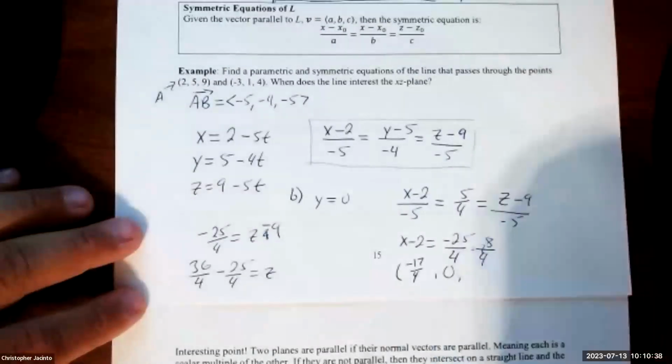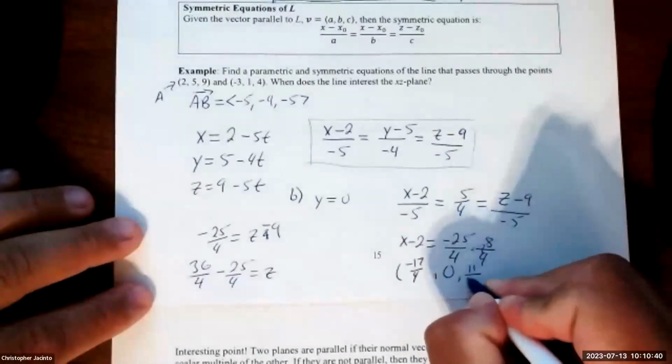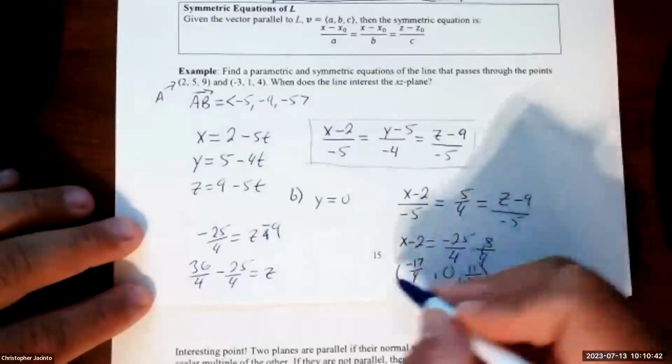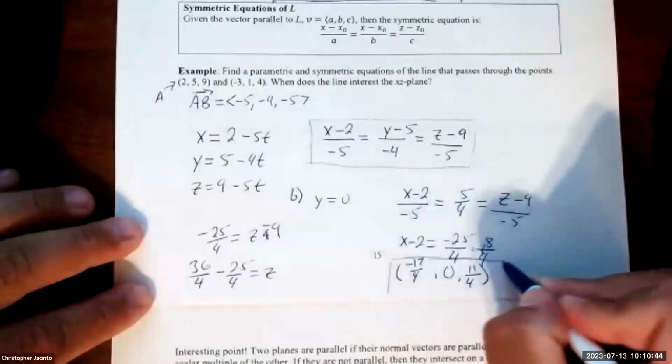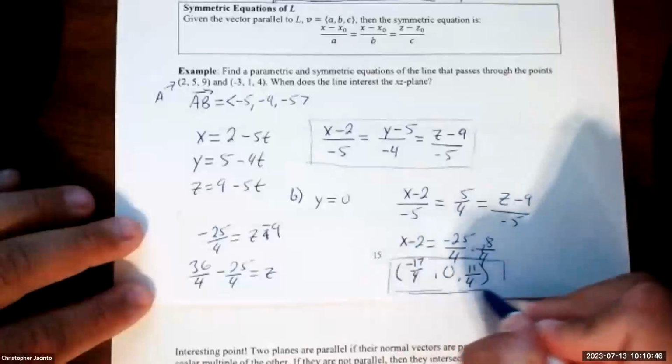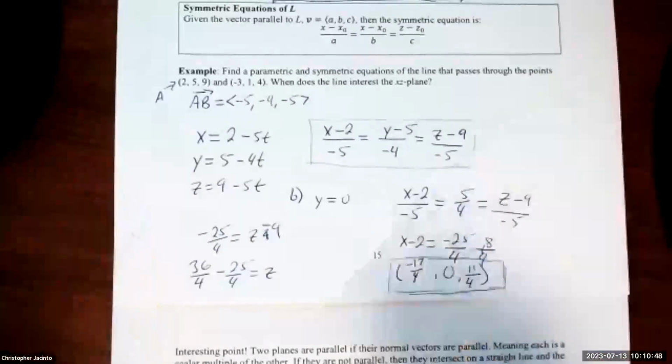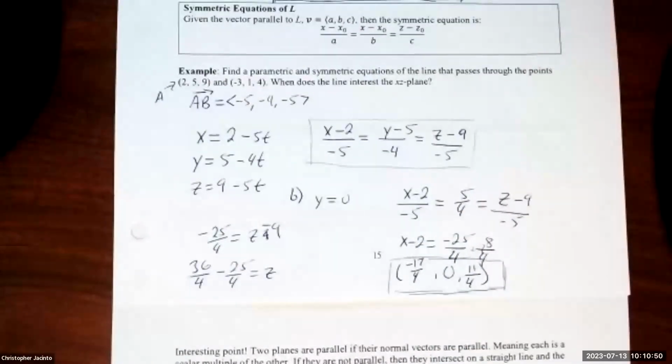And that should give us 11, so 11 over 4. So it intersects at exactly that point there. Any questions there?